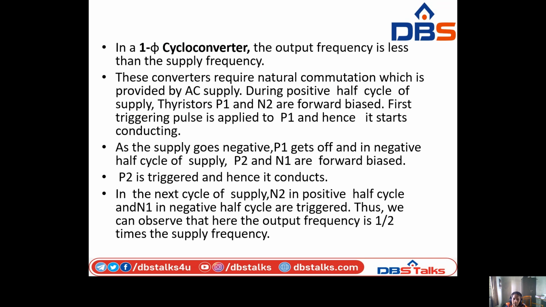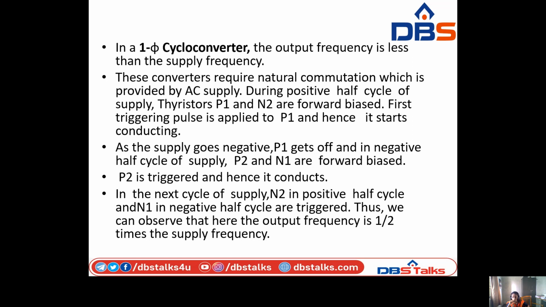So in a single phase cycloconverter, the output frequency will be less than the input supply frequency. These converters require natural commutation. Why? Because natural commutation is provided by the AC supply. During the positive half cycle of supply, thyristors P1 and N2 will be forward biased. The first triggering pulse is applied to P1 and hence it starts conducting.